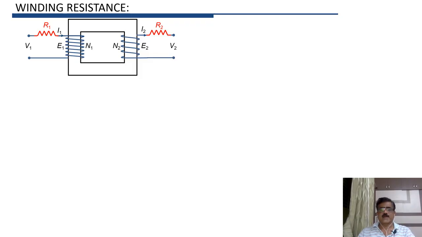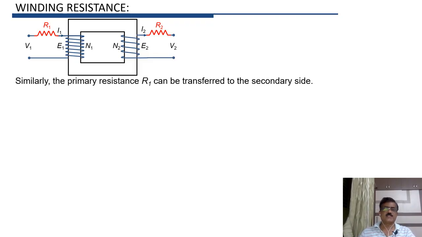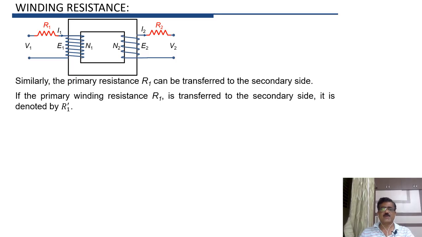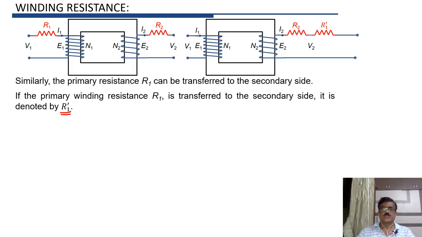Similarly, the resistance of primary, that is R1, can be transferred to the secondary side. So when R1 is transferred from primary to secondary, it is denoted by R1 dash. So here this resistance R1 dash is the primary resistance R1 transferred to secondary, and that's why it is denoted by R1 dash.